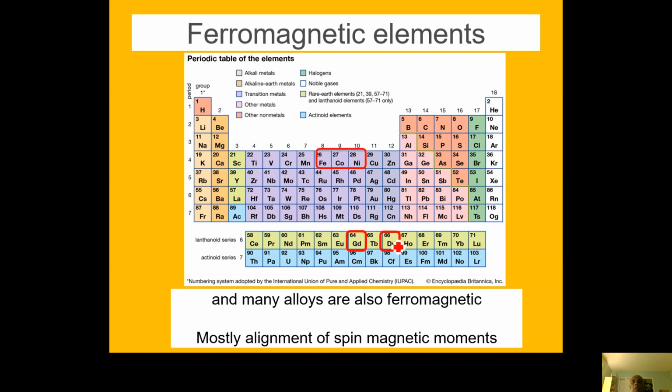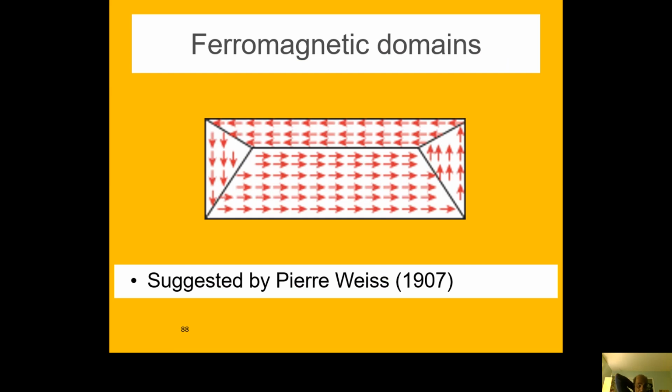So these are very common ferromagnets, but there are many alloys that become ferromagnets, mostly through alignment of spin magnetic moments. So finally, I want to say a little bit about the ferromagnetic domains.